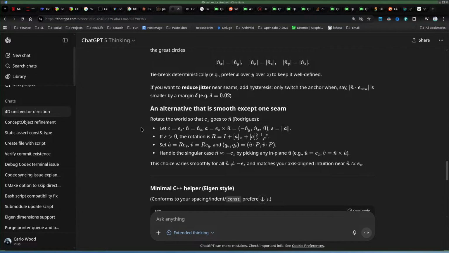And then it's definitely an obvious choice to rotate one of the axes away along the normal.